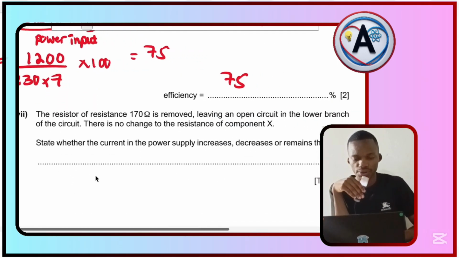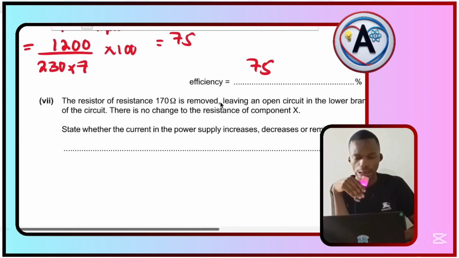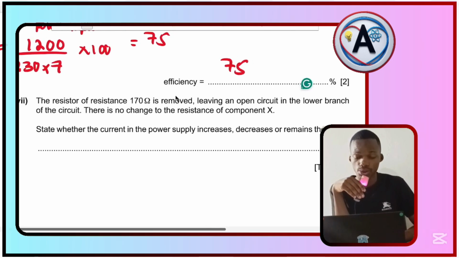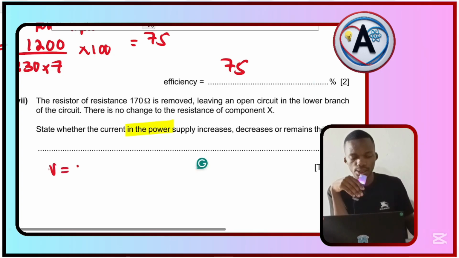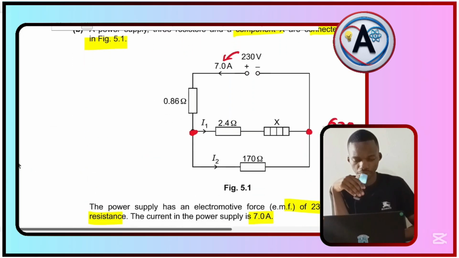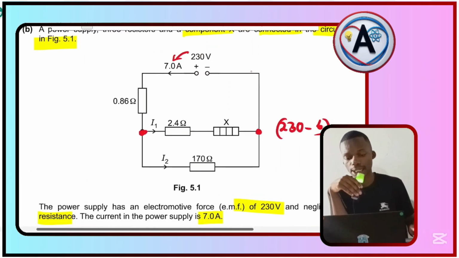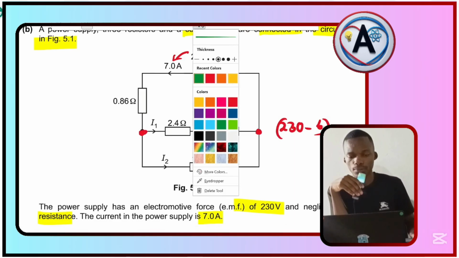The resistor of resistance 170 is removed, leaving an open circuit. There is no change to the resistance. State whether the current remains the same. Okay, so current in the power supply. V is equal to IR. So my power supply is still the same. Using V is equal to IR, I want to figure out what happens to I. That's my goal.